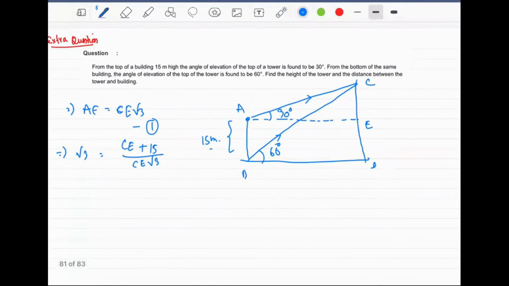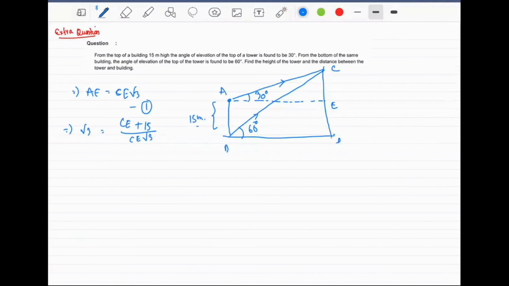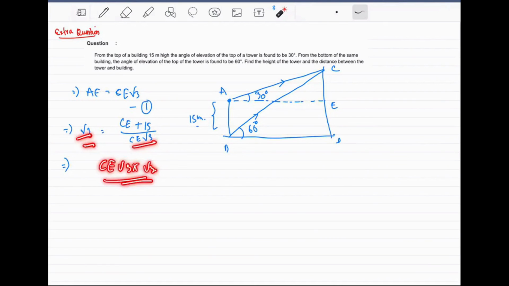So here, if I do cross multiplication, then root 3 and CE root 3 will multiply. So we will have CE root 3 multiplied with root 3. This part and this part on multiplication, we are going to get this. Root 3 into root 3, we are going to get 3, right?